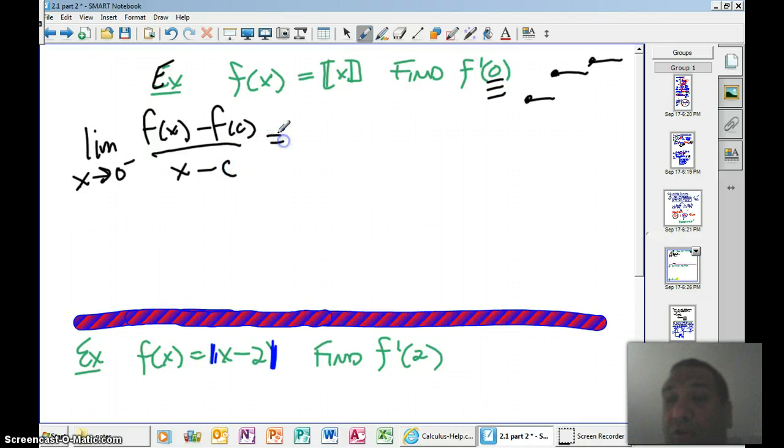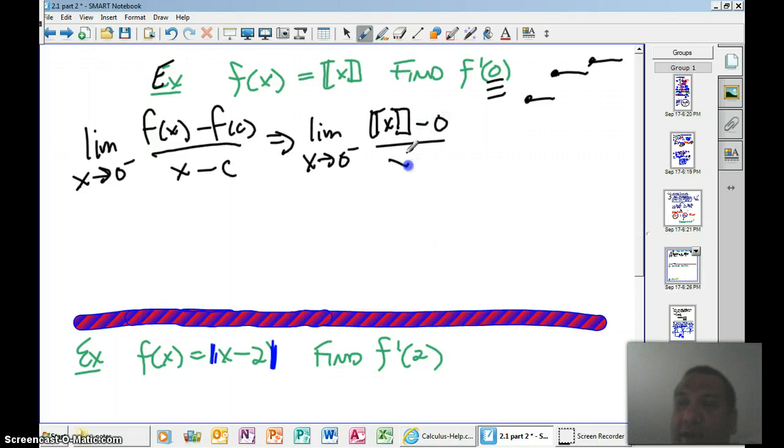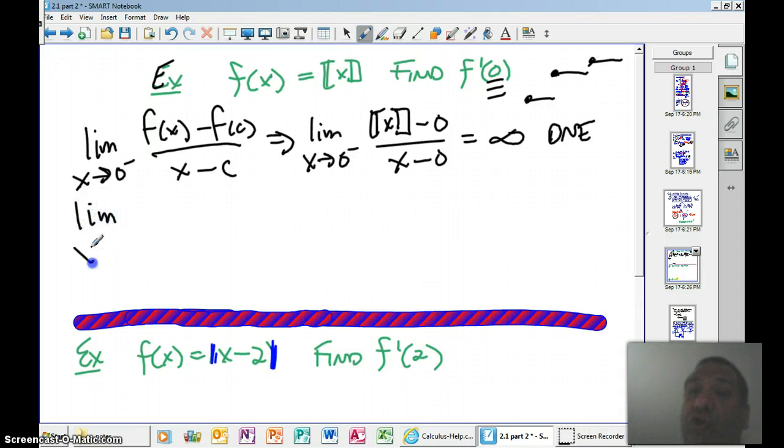Using that alternative form of the derivative, the limit as x approaches 0 from the left is going to be that step function minus 0, over x minus 0, and coming through negative numbers, it doesn't exist. So we get infinity, and this does not exist, which makes me think that it's not going to be differentiable. Right there, I can probably tell it's not going to be differentiable.